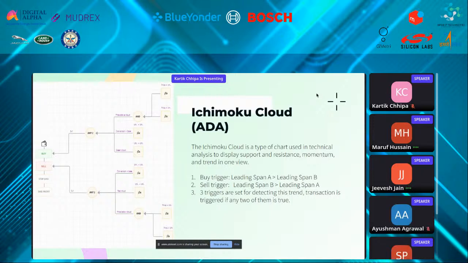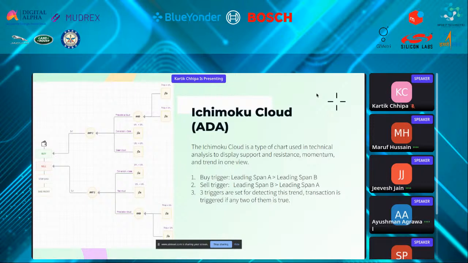Okay, sure. So our basic strategy involved the Ichimoku Cloud. We had a total of three indicators, and each one of them was used to identify whether the leading span A line crosses the leading span B line, or vice versa.